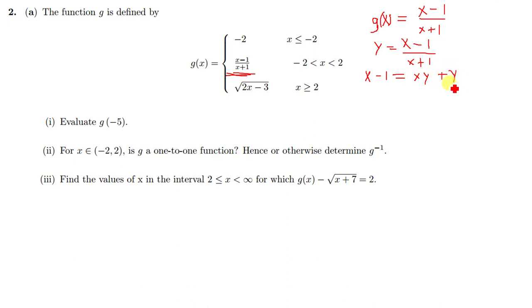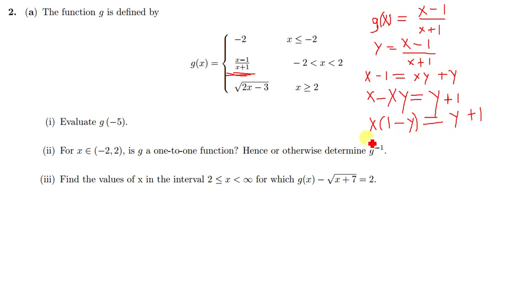So here we are trying to make x the subject, meaning we'll take this negative 1 to the other side of the equal sign, and then this term which has x in it, we'll bring it to this other side of the equal sign. So meaning we're going to have xy will come here, and then we'll have y plus 1, like that. And then you say x, open brackets, 1 minus y, close brackets, being equal to y plus 1.